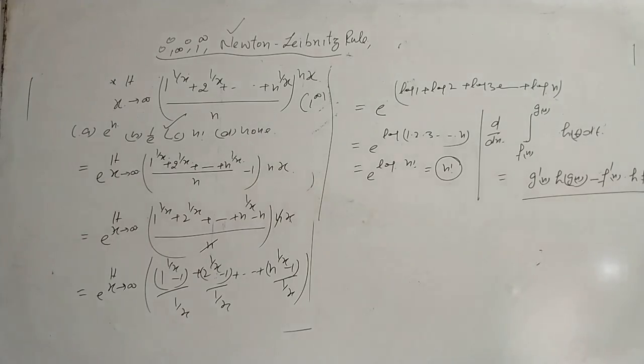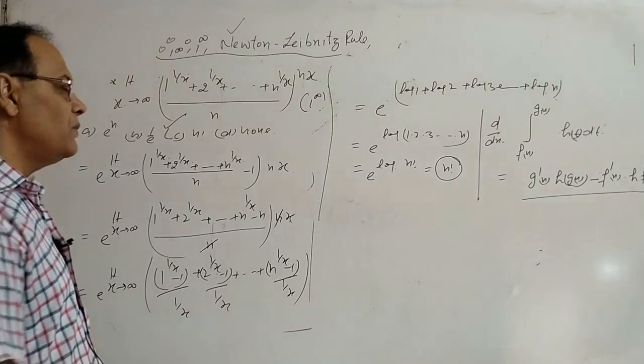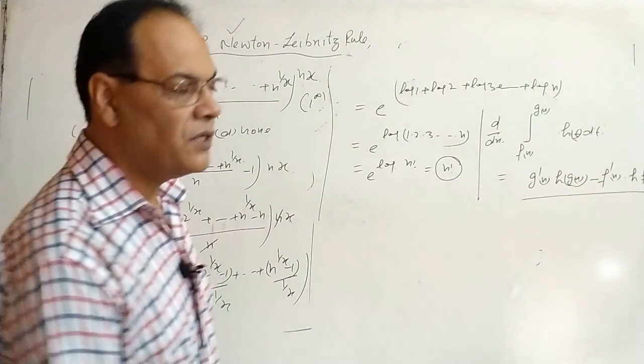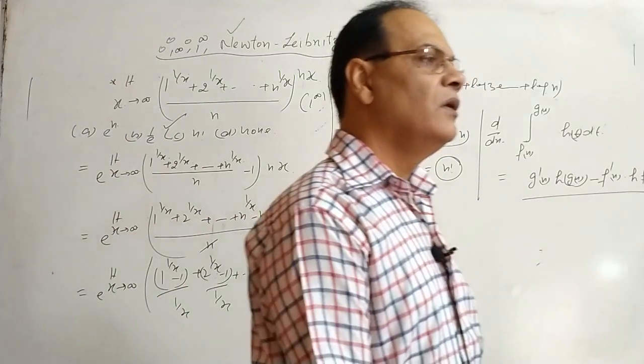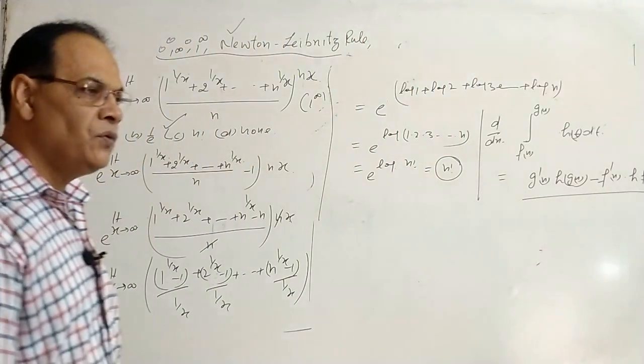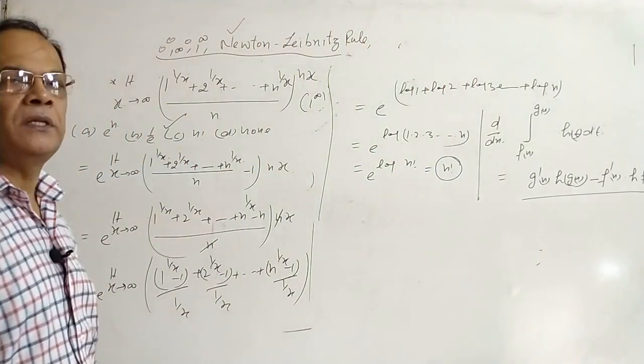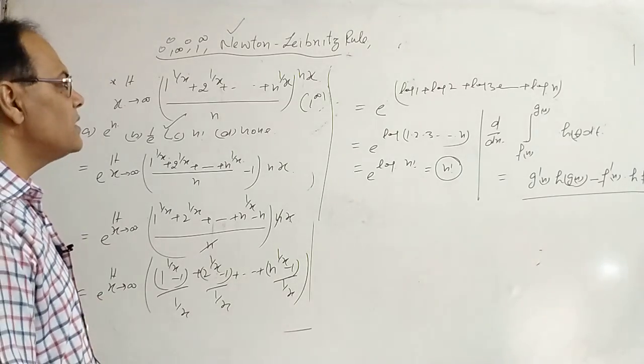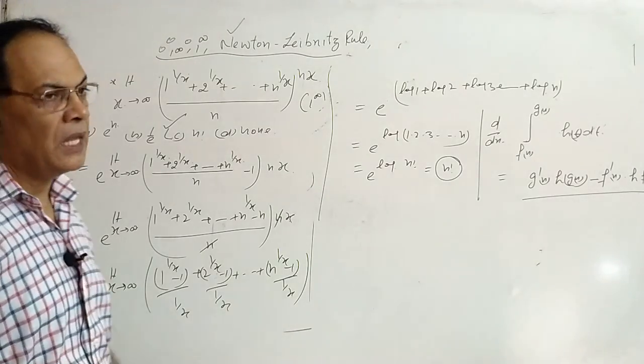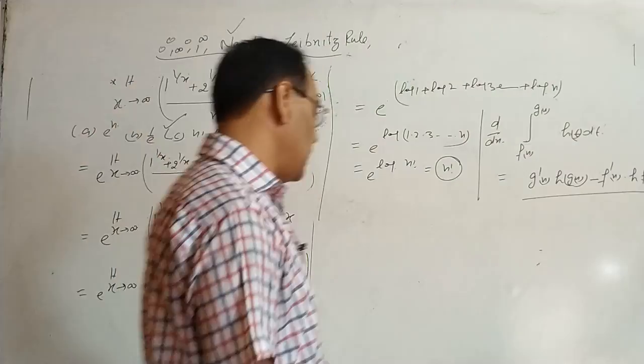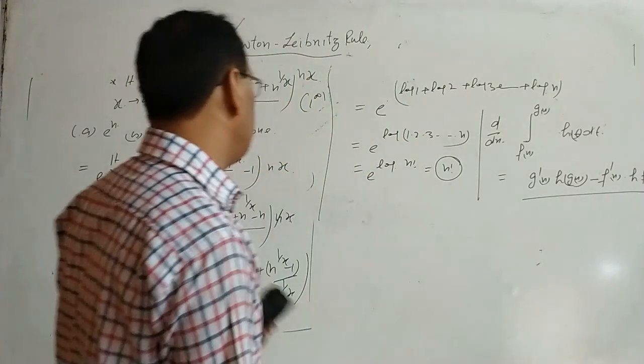So sometime in the integration, or we can say sometime in the limit we are using the integration form, then when we use L'Hospital rule, then first we must use the Newton-Leibniz rule. Then you can eliminate, otherwise you can't eliminate.